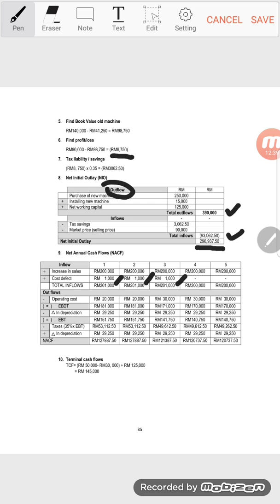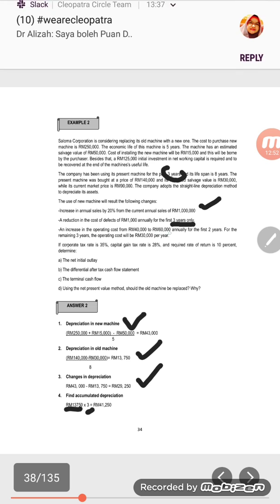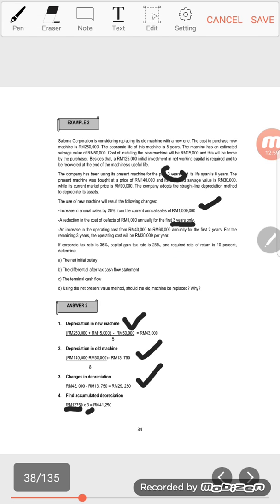Next, we move to the outflows. What is the information on outflows? An increase in operating costs from 40,000 to 60,000 annually. Just now, regarding the cost of defect, it is a reduction.